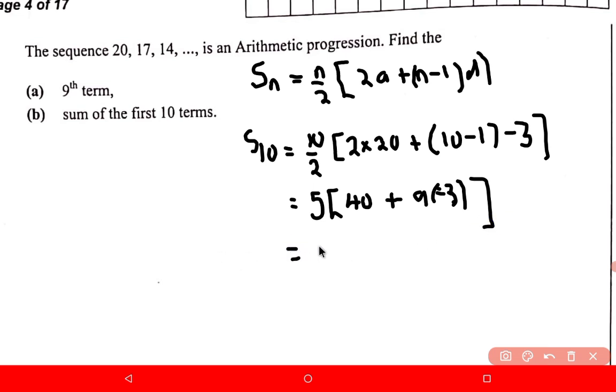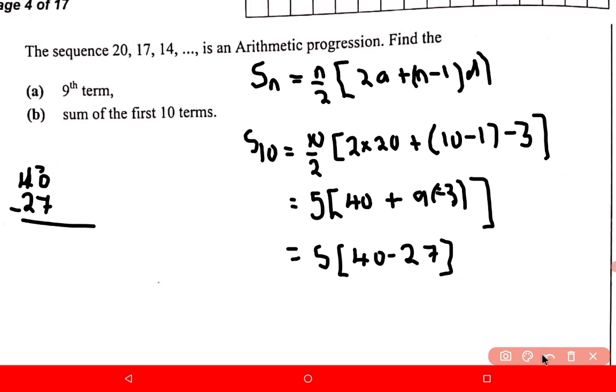We carry on, 5, then 40, and 9 times -3 is -27. You subtract 27 from 40.